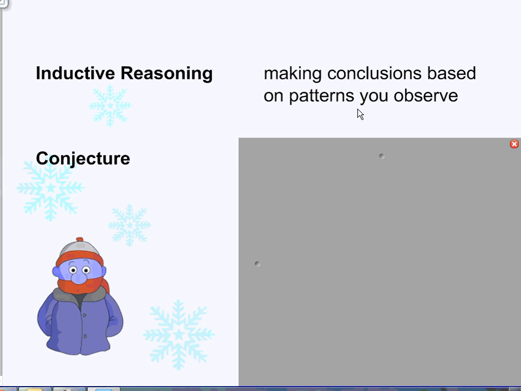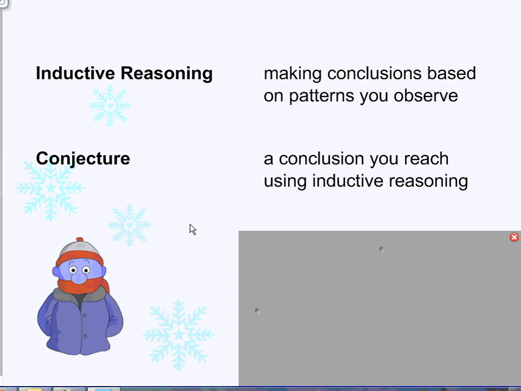You're making some very real conclusions about patterns you may see. Okay? All right, the next word we have is a conjecture, sorry, excuse me. A conjecture is a conclusion you reach using inductive reasoning. So once you're using that inductive reasoning, you then get a conjecture.